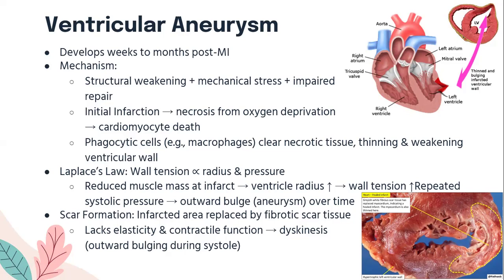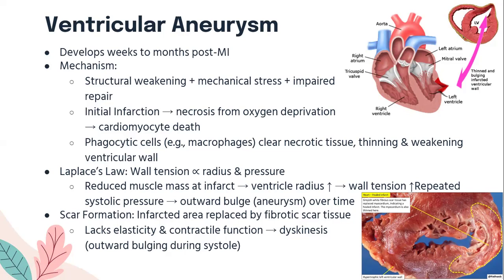This clearance process, while essential for repair, also thins the ventricular wall and weakens it structurally. The wall becomes more prone to deformation due to reduced muscle mass and loss of contractile function in the infarcted region.